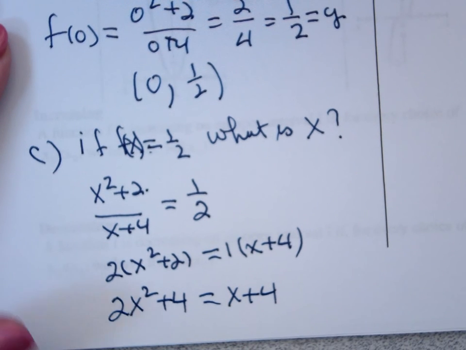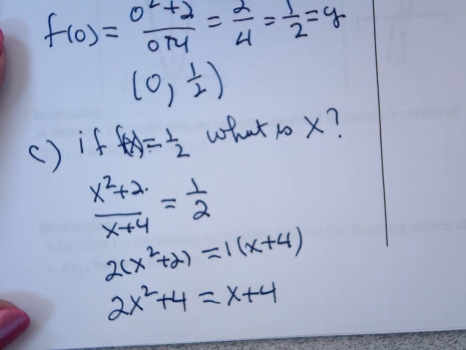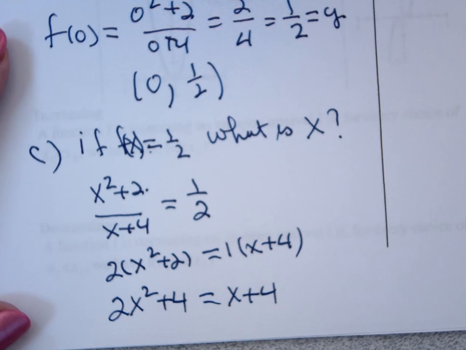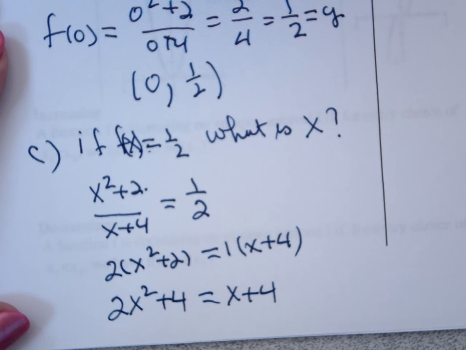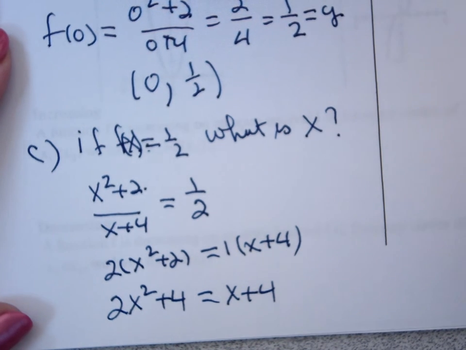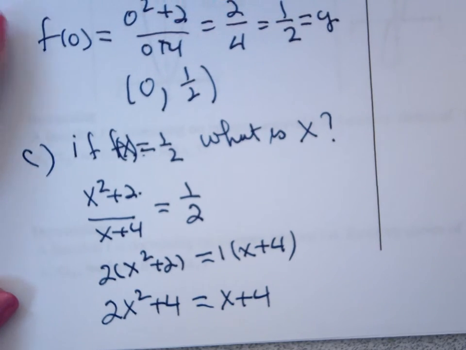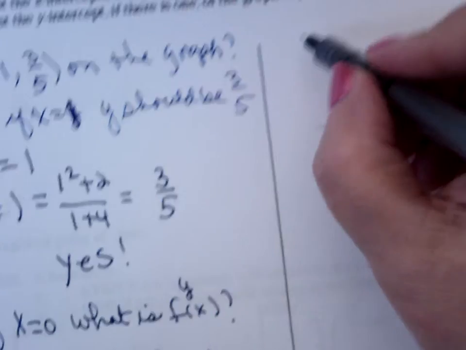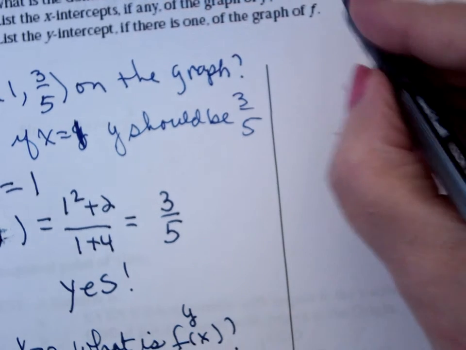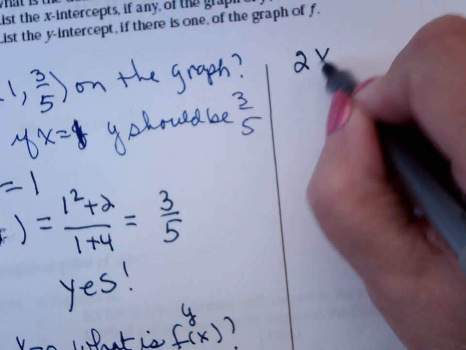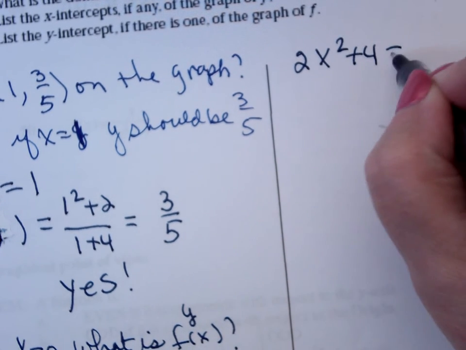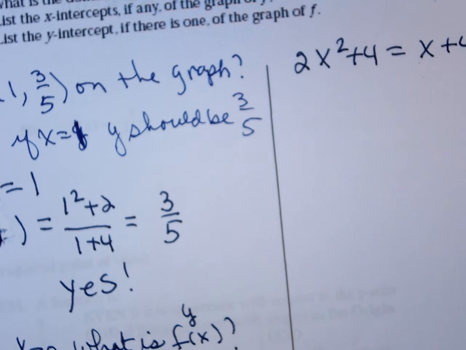Now what do I need to do? What am I going to have to do? Bring everything to the same side, 0 on the other. So I'm going to have to move up to the top of the page, unfortunately. So we were left with 2x squared plus 4 equals x plus 4 from the bottom.